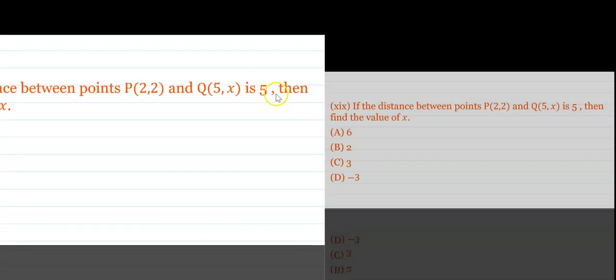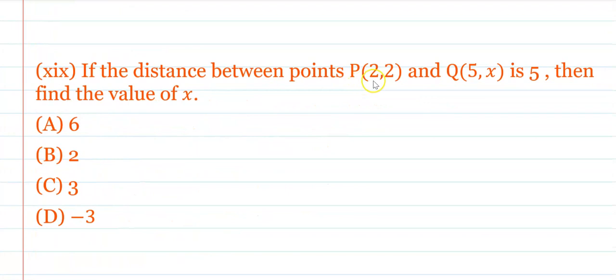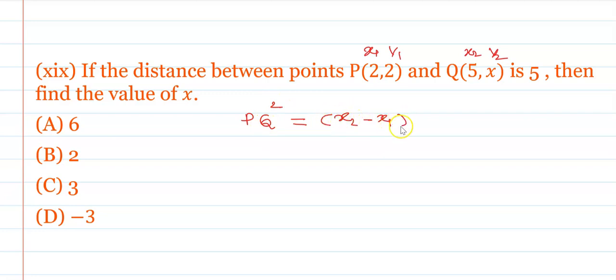If the distance between point P(2, 2) and Q(5, x) is 5. Now here the coordinates of the point P, suppose it is (x1, y1) and Q is (x2, y2). Therefore the distance PQ square is equal to (x2 minus x1) bracket square plus (y2 minus y1) bracket square.